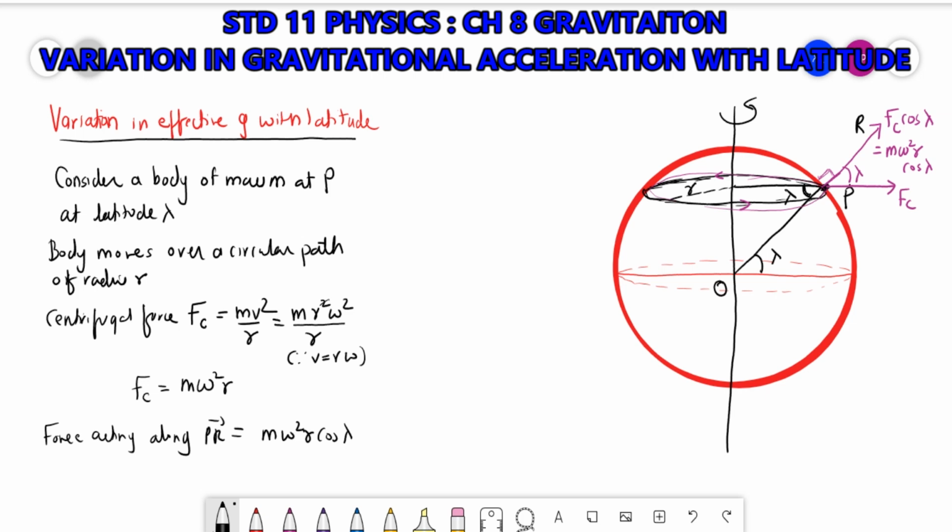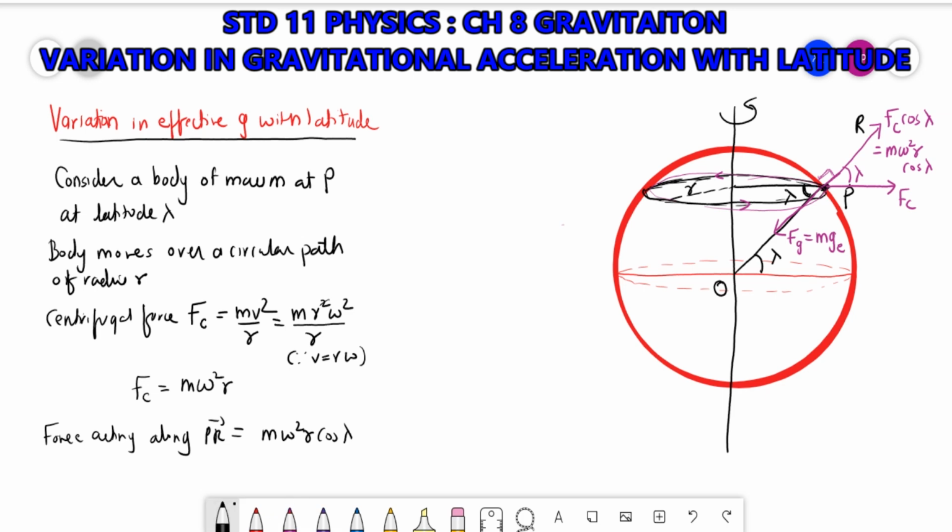Now, what is the gravitational force? Gravitational force acts towards the center of the earth. So that will be towards O, along PO. Clear? So gravitational force will be acting in this direction. Fg will be equal to m ge, where ge is 9.8.